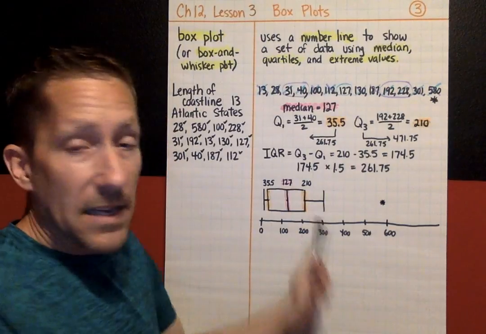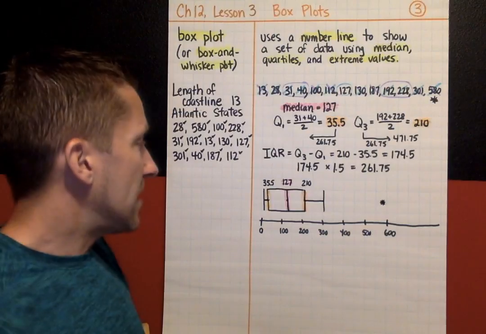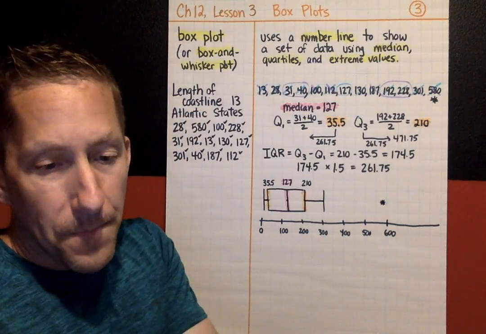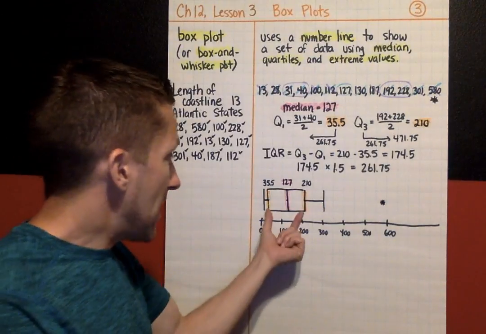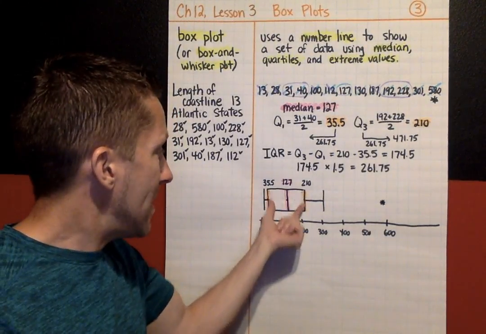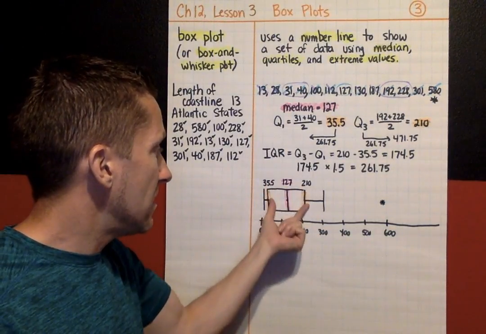So this is a box plot. Now let me highlight a few things about a box plot. First of all, this box represents half of all your data. So half of all my data is between 35.5 and 210.